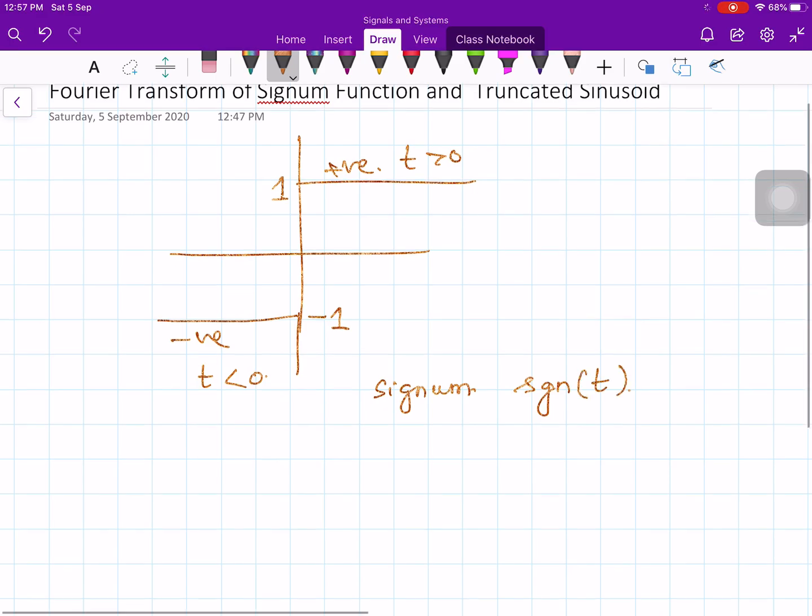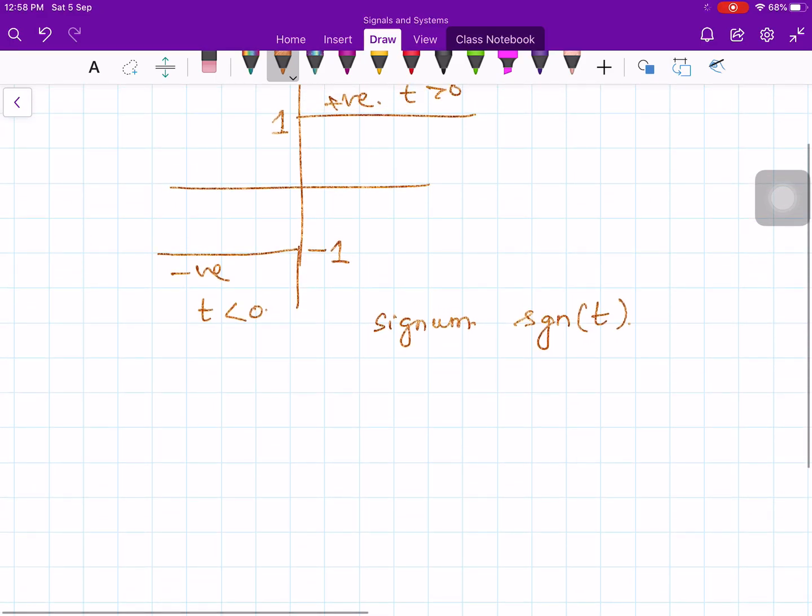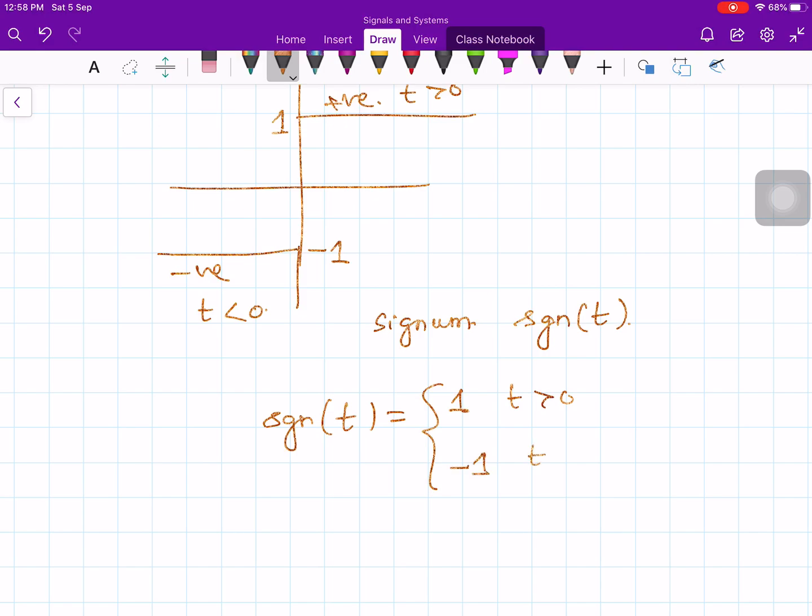So the definition is as follows: sgn of t is equal to 1 when t is greater than 0 and minus 1 when t is less than 0. When exactly t equals 0, then what will happen? You take the average.